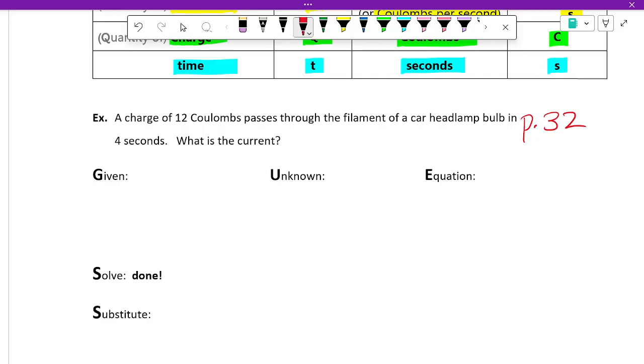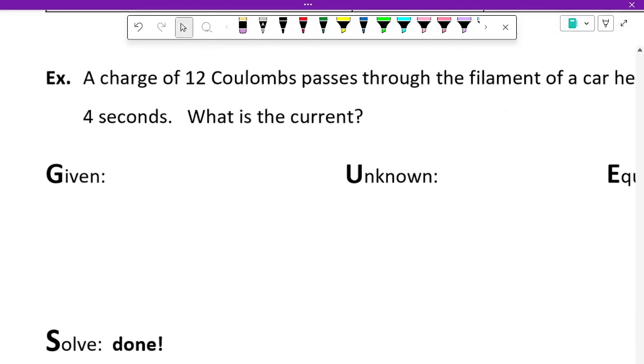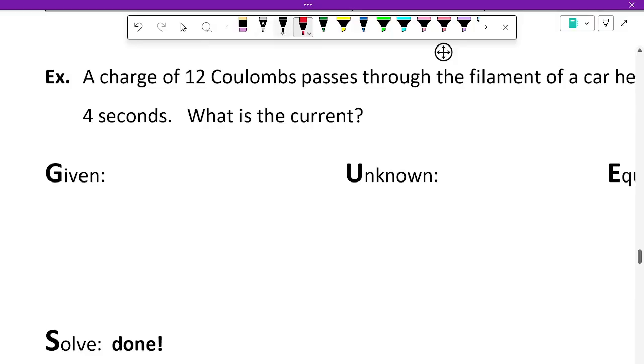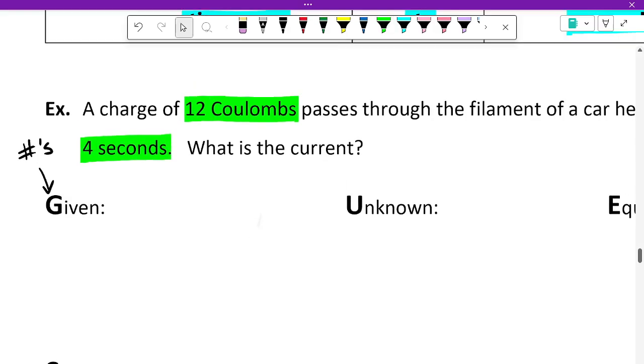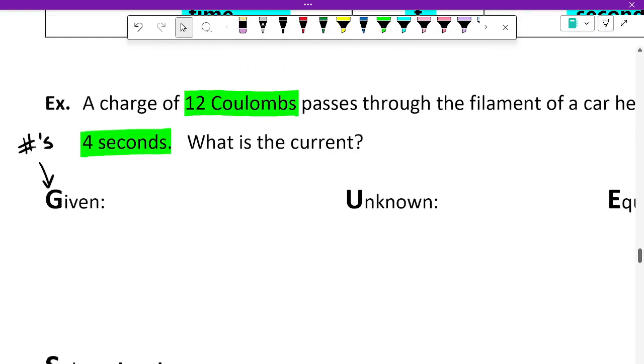All right, so we look at our question, and in order to get the given, we look for the numbers. So we have one number here, and we have one number here. What quantity are we measuring when we are measuring coulombs?